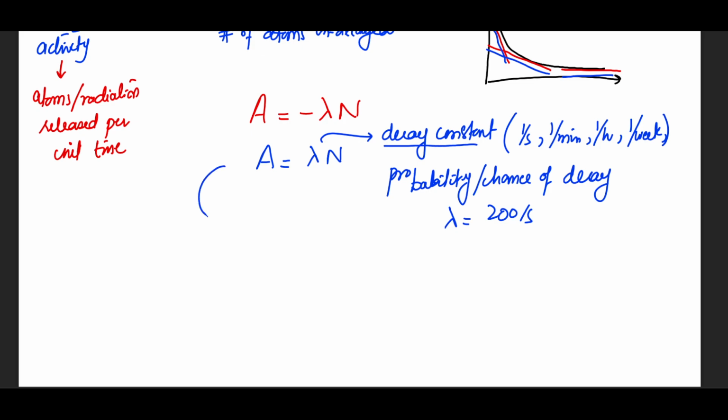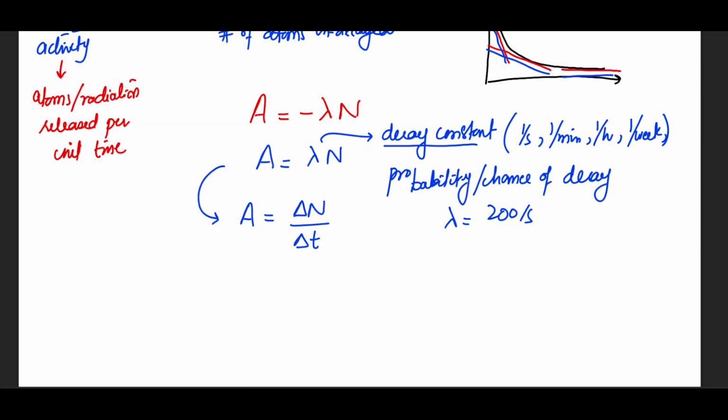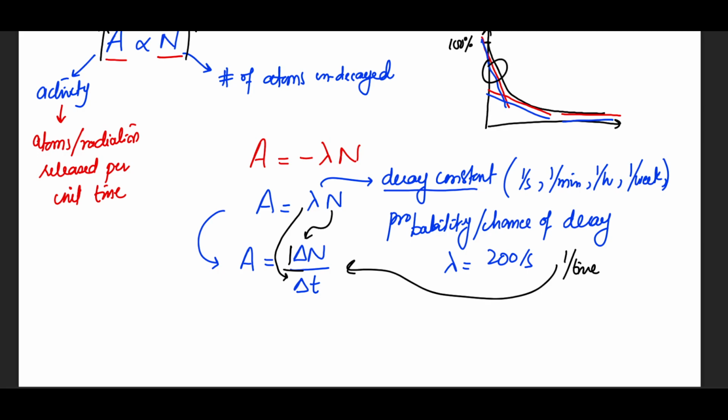So from this, we also get another formula in terms of rate of change, that activity is equal to change in N divided by change in time, which is very plausible because we understand that the decay constant has a unit of 1 divided by time. So when you replace that over here, N comes in the numerator and the lambda translates into 1 by t. This formula is also acceptable because it actually looks at the gradient itself, right?